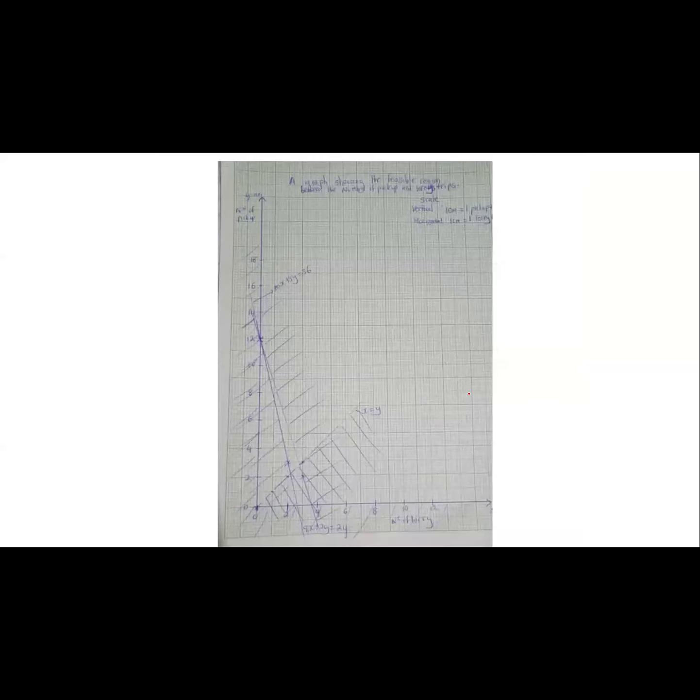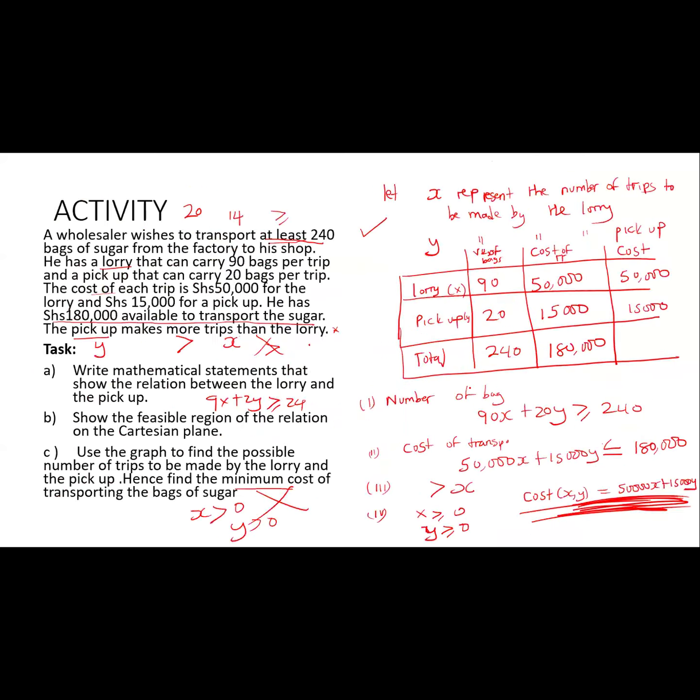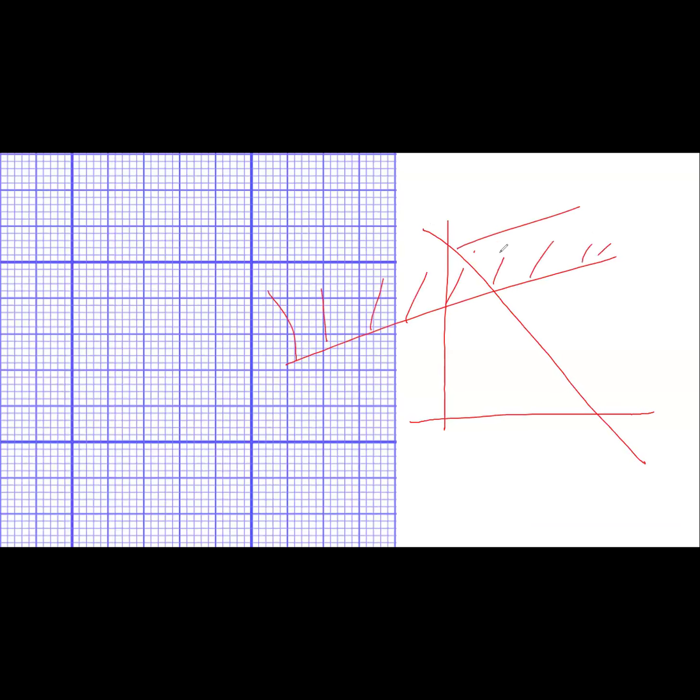But there are some questions where you find yourself having only 2 equations. When you find yourself having only 2 equations, in most cases, never forget to write those non-negativity inequalities. You'll find your region like this, whereby you have shaded this and you have shaded this.